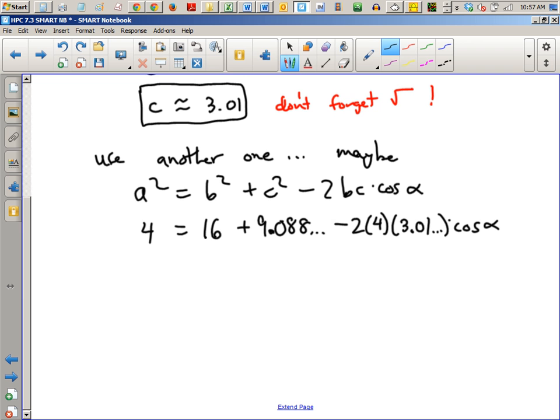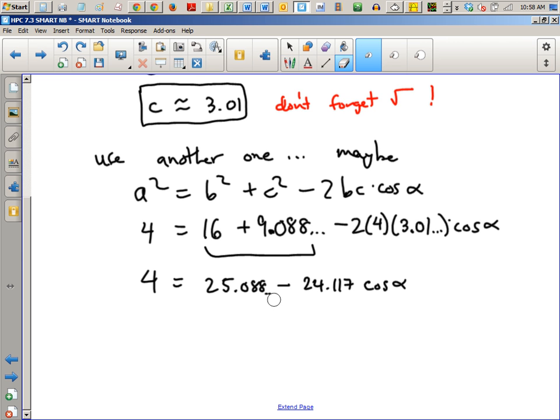Okay, so there are certain things you can do and certain things you can't. You're welcome to add these two together. That's 25.088. And you're welcome to do 8 times the 3.01. In other words, this is 24.117. But do not try to combine the 25 that you see here and the 24.